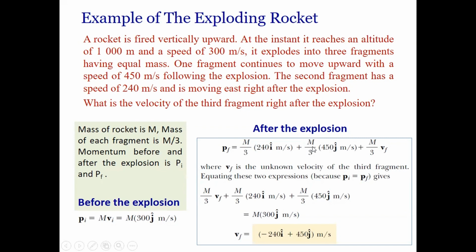So this is the component m divided by 3 multiplied by 450 j meters per second. Then the second fragment has a speed of 240 meters per second. It is moving east. On this paper, east is the positive x direction, so it is moving towards the i unit vector.